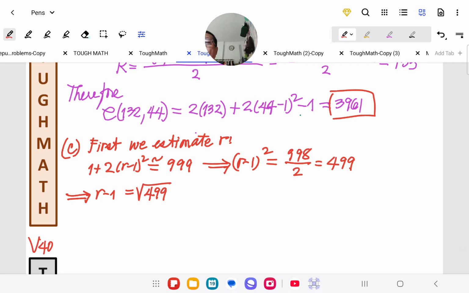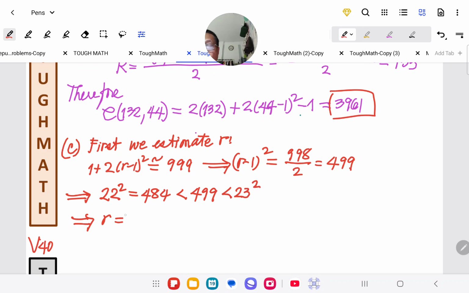Well, anyway, we have 22 squared, which is equal to 484, is less than 499, which is less than 23 squared. So therefore our R is 23.